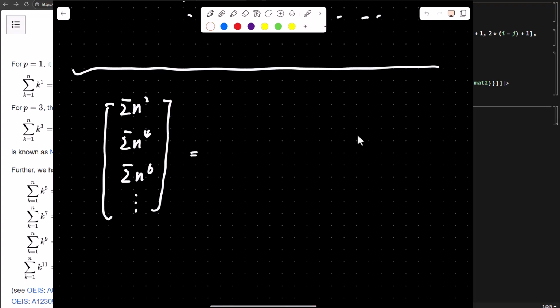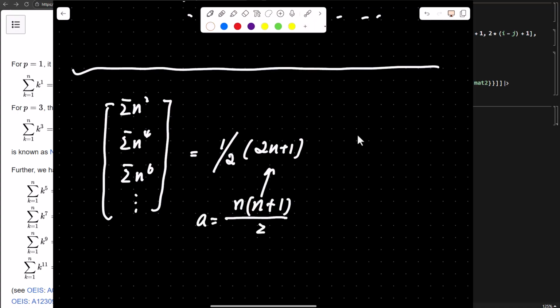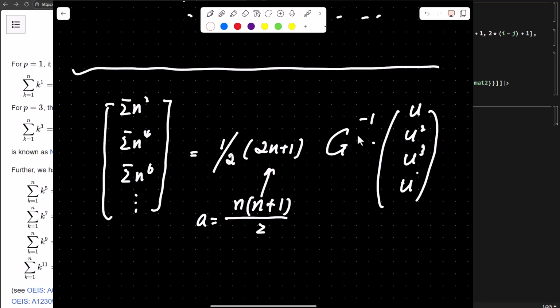It equals 1/2 times 2n plus 1. For the sum of all even powers, you have to include the number of terms. And you have a G matrix, take the inverse, and multiply by a very similar vector, but we start from u, u squared, u cubed, and u fourth.